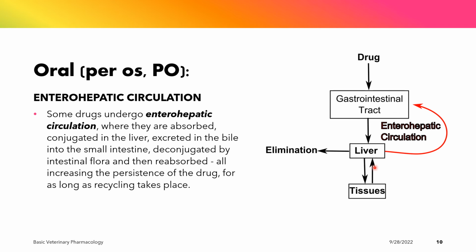As long as the drug is present in the body, it will be available to act on its receptor and produce an effect. But when we increase the concentration of the drug in the body through enterohepatic recycling, and we continuously take the drug, it can lead to toxicity.